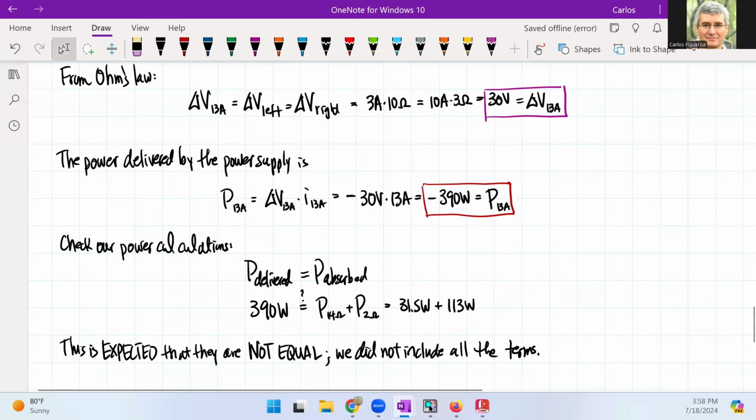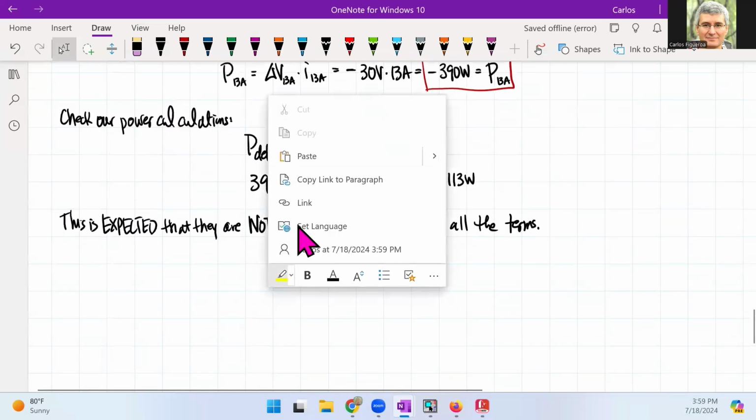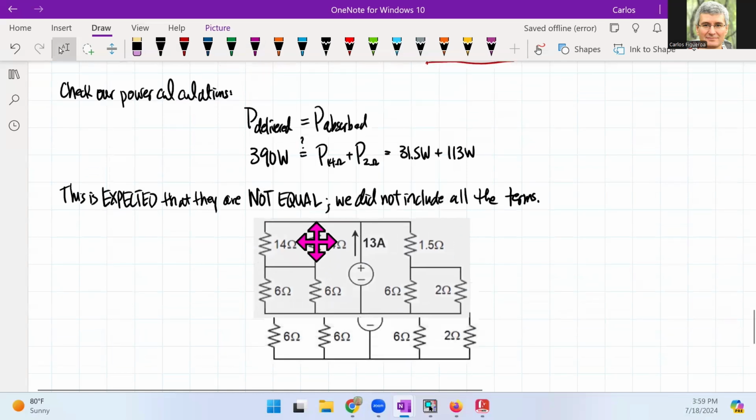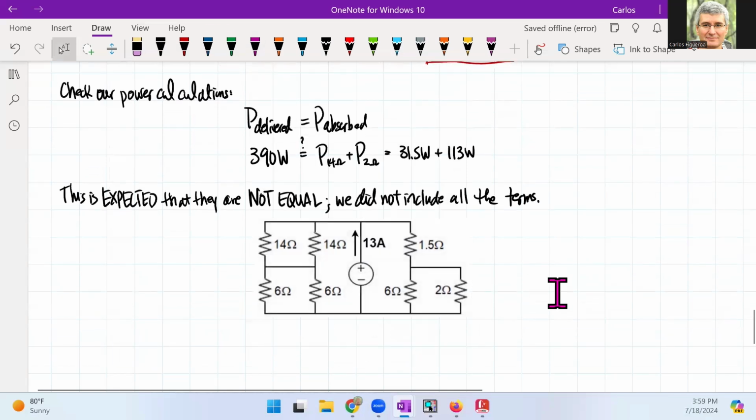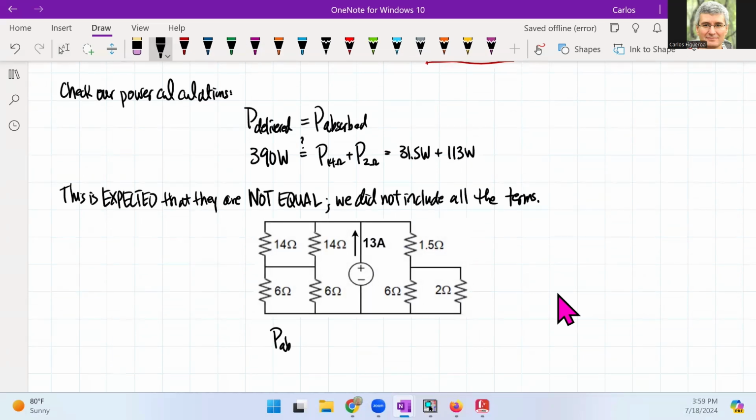Now, if I go and look at an image of the circuit, look what we're actually seeing here. If you're looking at the power absorbed, there are a lot more terms, right?